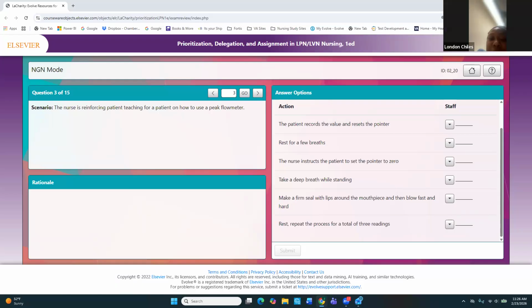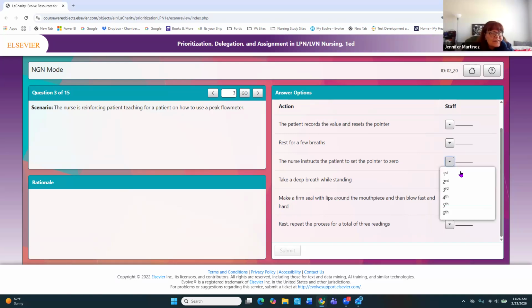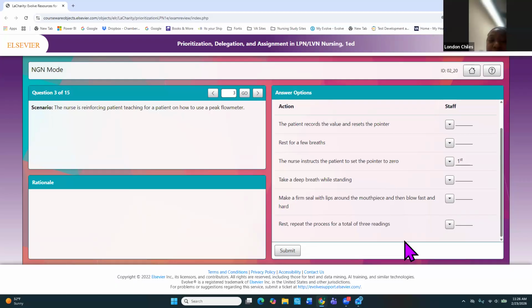So what are we going to do first? Put the pointer to 0. Okay. Then what? Take a deep breath while standing.